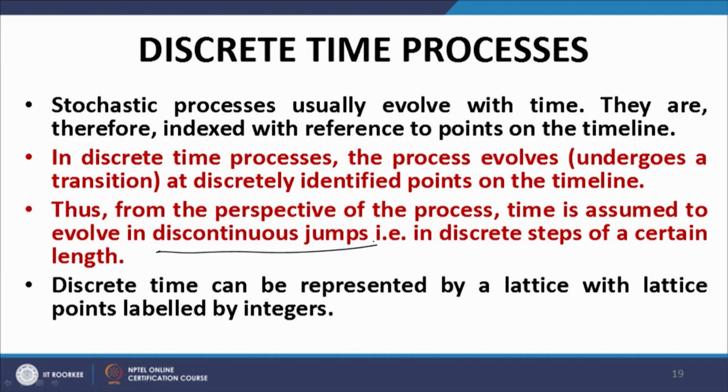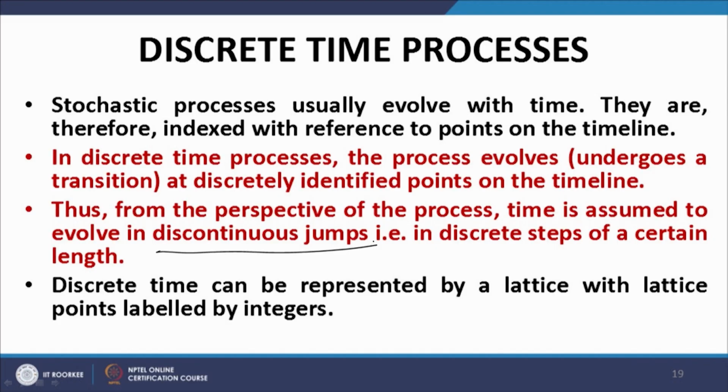From the perspective of the system, time is not flowing continuously, it is flowing in discrete chunks, and at every jump the system wakes up and makes a transition. Then when the next jump occurs, the system again wakes up and makes a transition. So, these are discrete time processes.